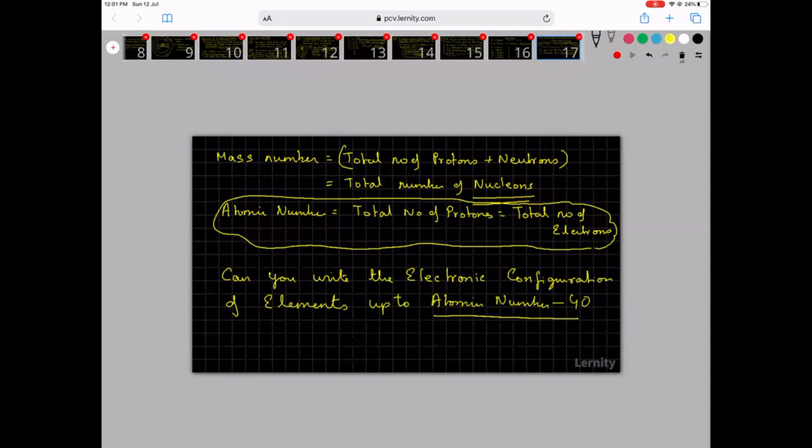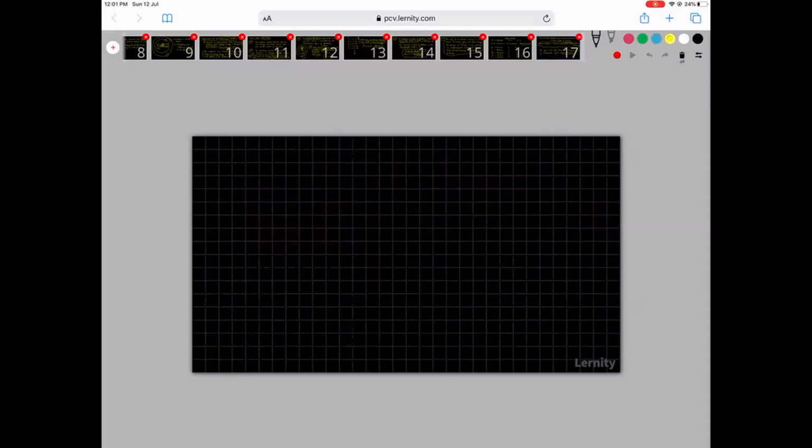For example, calcium is 20, so you have to write K2, L8, M will also be 8, N will be 2, so 20. This is how it will come.